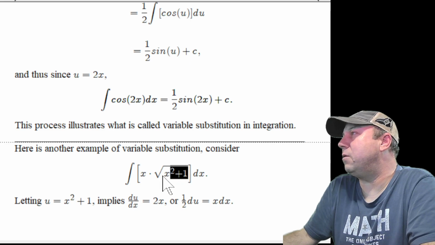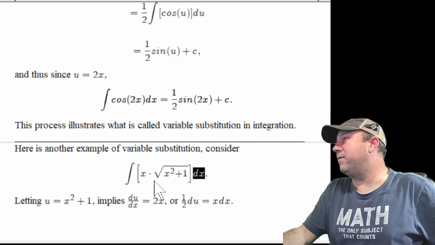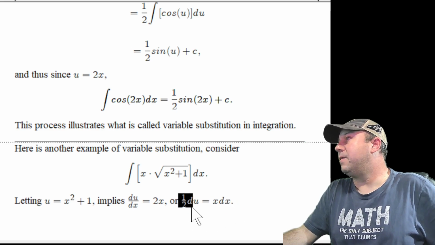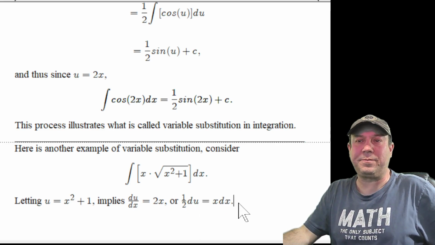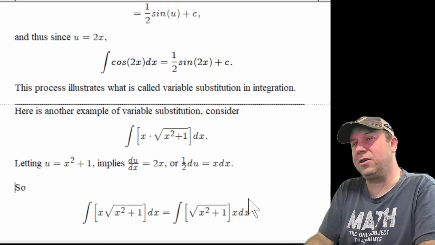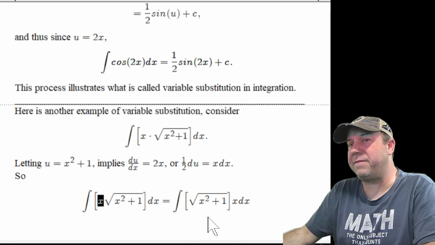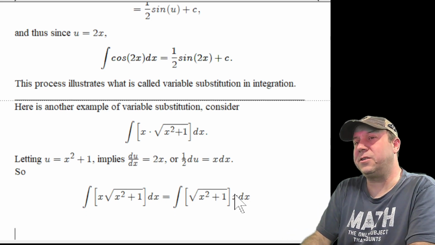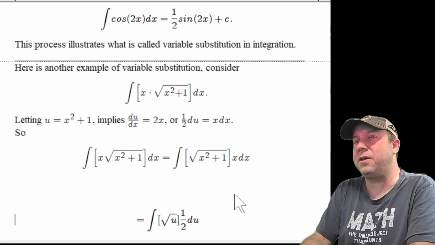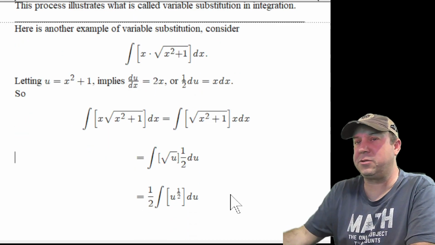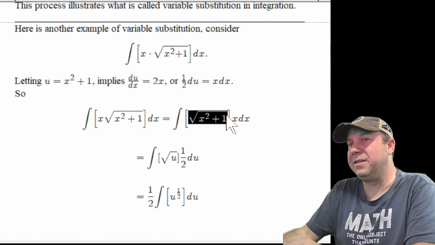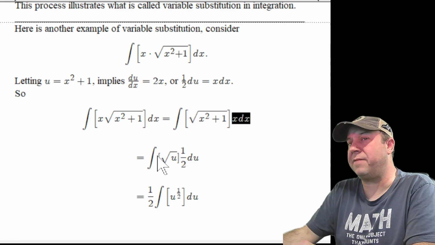Substituting in for the x squared plus 1, the value of u, and substituting in for the value of x dx, the value 1/2 du, I can form the following argument. Now you can see here, I took my antiderivative, and I took that factor of x and paired it back here with the x dx. And what's going to happen is it's going to be replaced with 1/2 du, and the argument under the radical is going to get replaced with the square root of u. This will become the square root of u, and this will become 1/2 du.